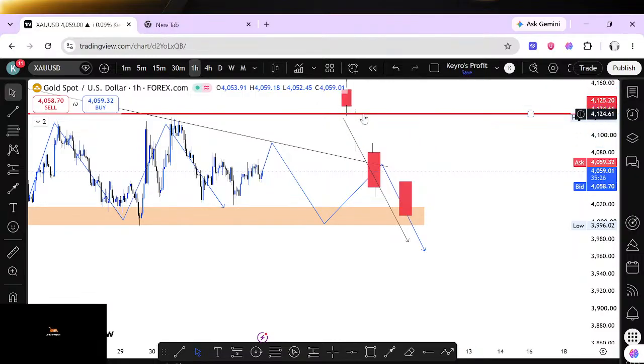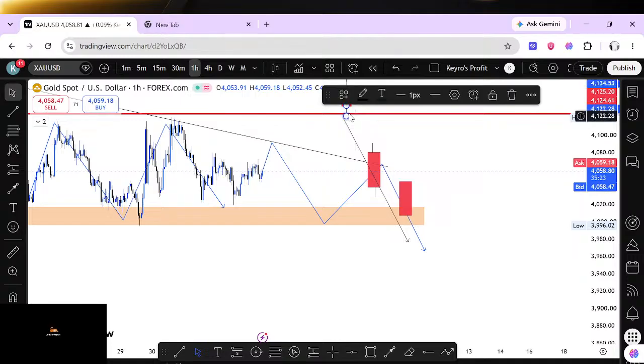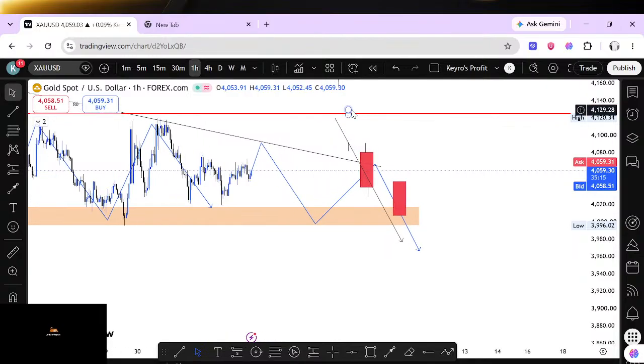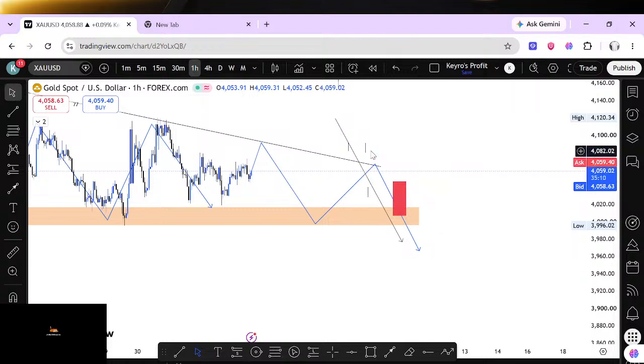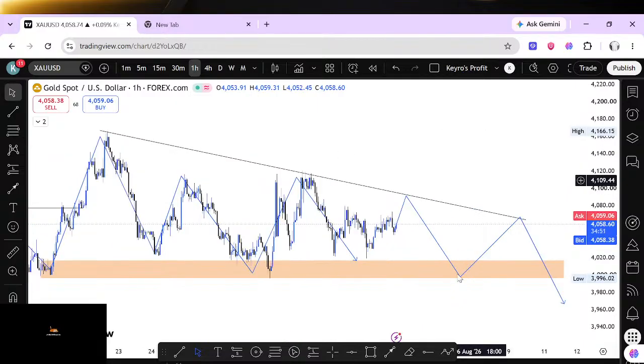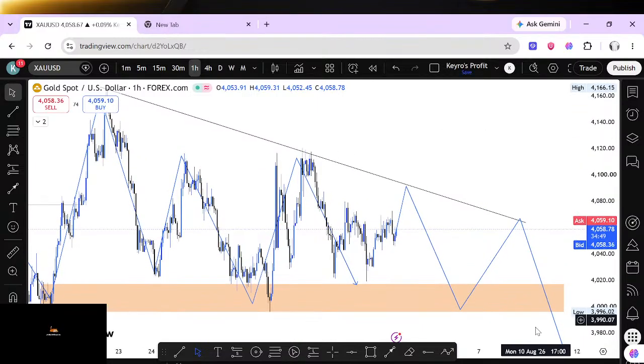Now, let's identify this in the real market so that you can see what we are talking about.